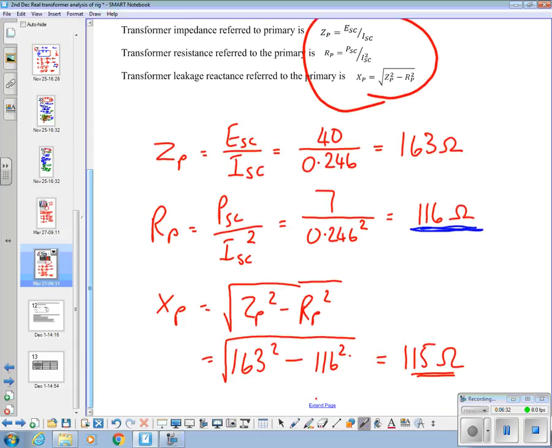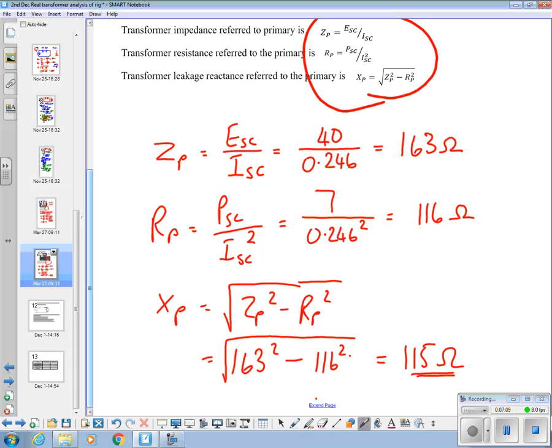We then use the total impedance and that resistance in the triangle formula to calculate a value for XP. I get 115 ohms. Despite using a slightly different input for the short circuit test when I gave this a go yesterday, we got within an ohm or two, so the choice of that value doesn't make any significant difference.